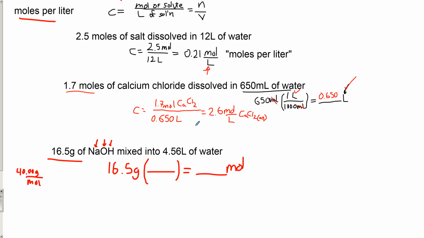So now we need to decide how we are going to put this into the actual equation. Very simple. If we want moles in our answer, we have to put moles on top. If we want to get rid of grams, and we for sure do because I don't see grams in the answer, we need to put 40.00 grams on the bottom.